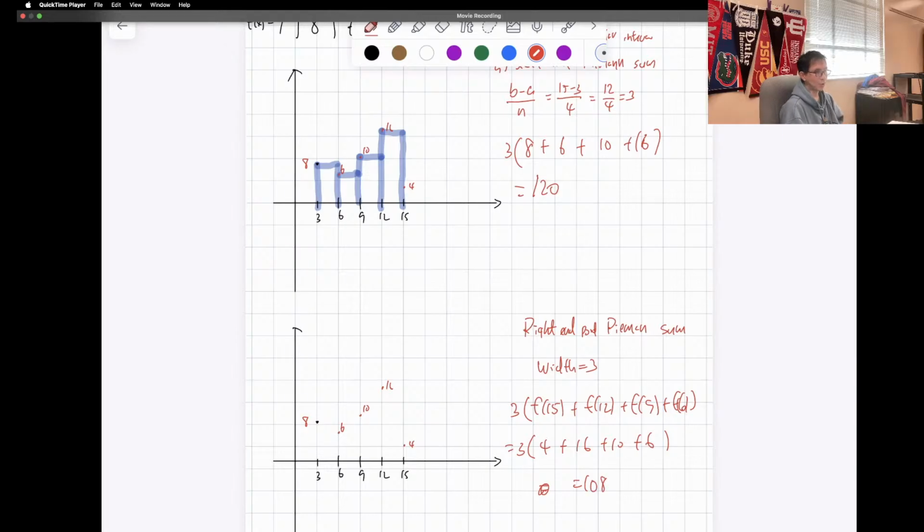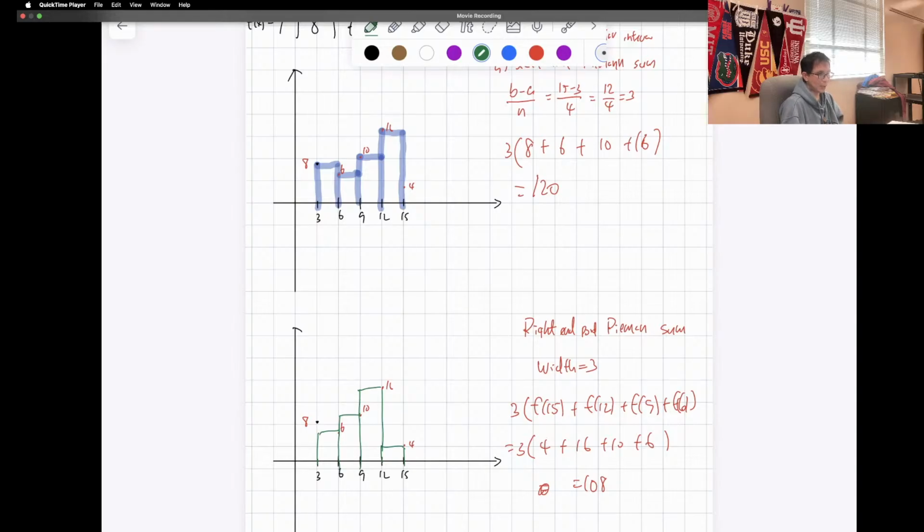And a mathematician says, well, you know what, we can be more precise if we average both, because one of them is 120 and one is 108. It's going to be the average of both. But the way I draw the rectangles is going to be this. So this rectangle is based on 4, based on 16, based on 10, based on 6.